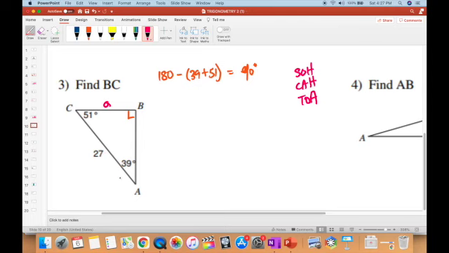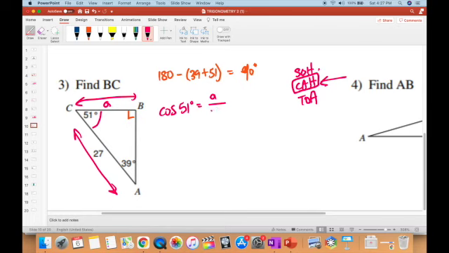I have the hypotenuse, which is this, so that means I could use sine or cosine. And this, which is what I want to find, is the adjacent to this angle. So the adjacent and hypotenuse means that I'll use cosine.